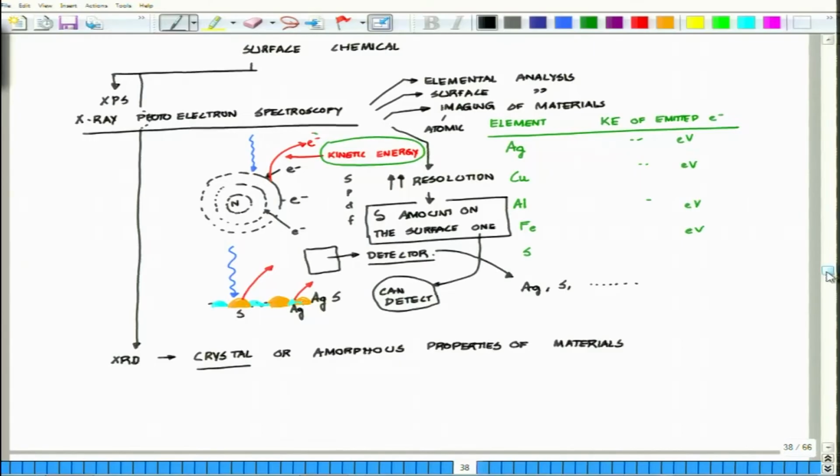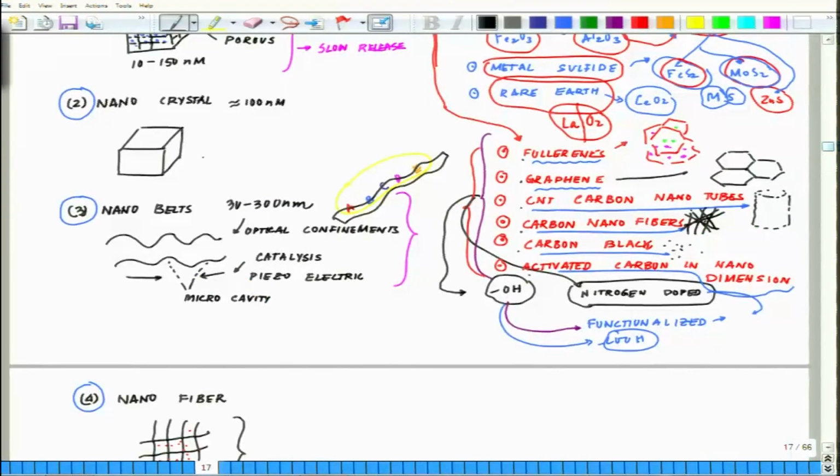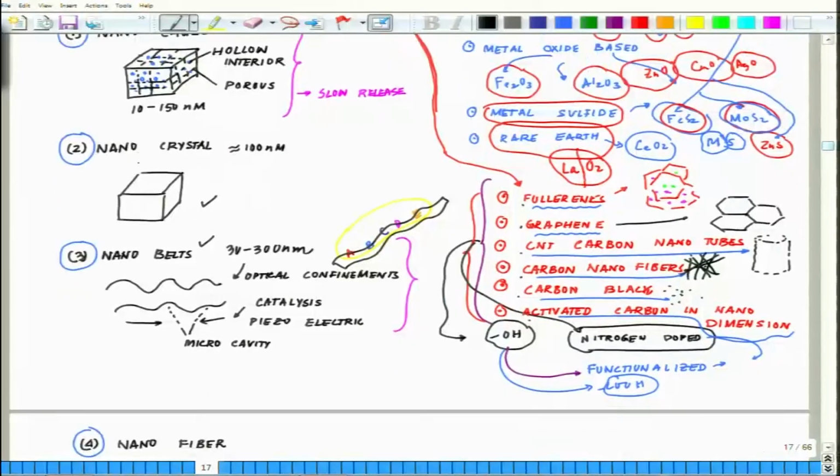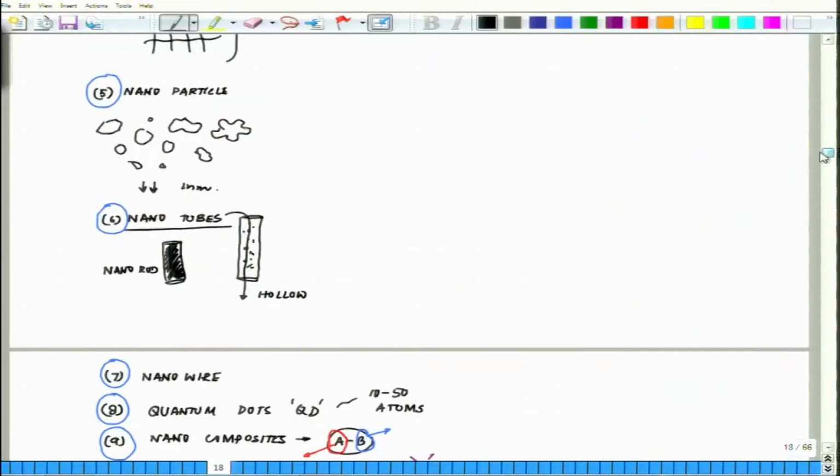For example, we talk about nanocrystals, nanobelts, nanocages. So what will be the crystal structure, how will the crystallinity work out, whether there will be repetitive units to make crystals, or it will be more like an amorphous structure where there is very little repeatability?